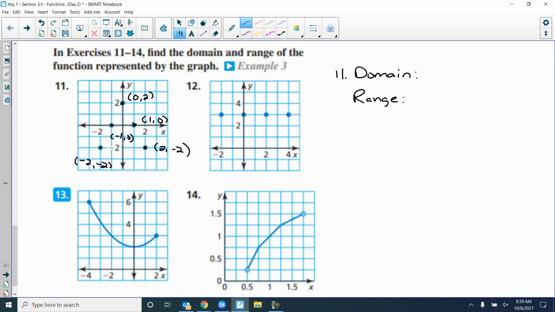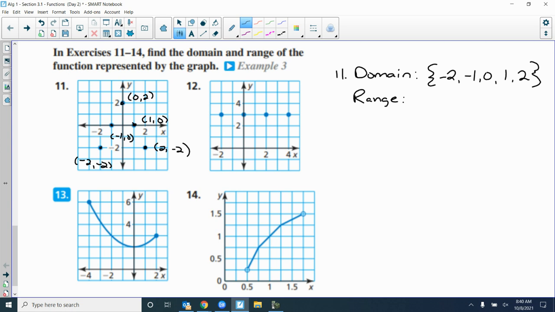What's this one? 0. What's this one? 1. What's that one? 0. 2. All right, you just gave me the domain. It's all the x values. There's -2, -1, 0, 1, and 2. Okay? You gave it to me.